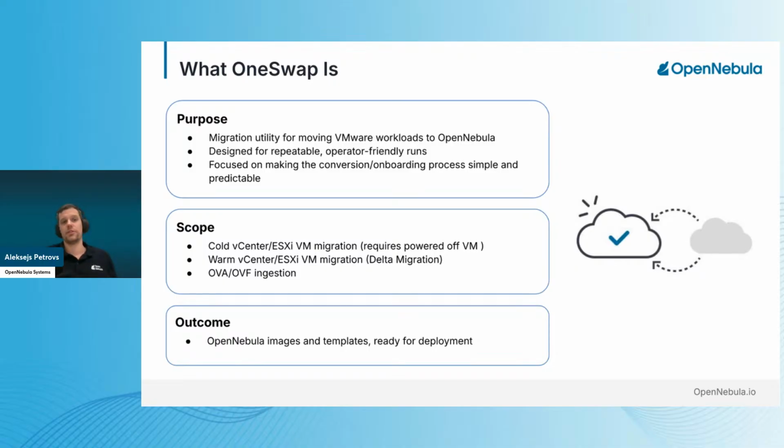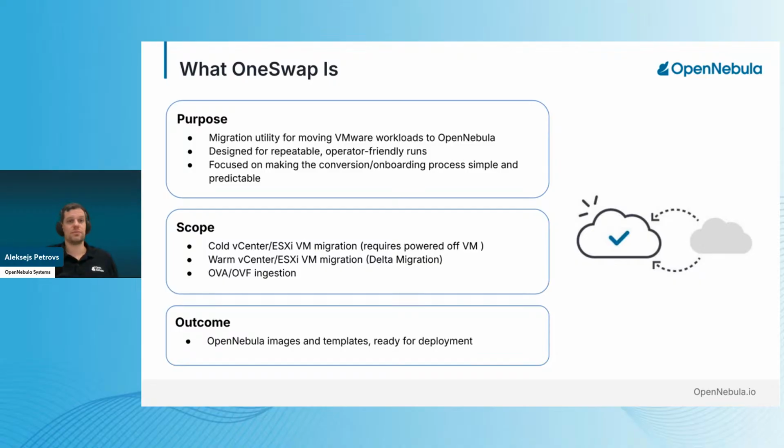Then the scope of the tool: we're not only covering migration from an actual VMware environment, but we're also looking at importing virtual machines that were exported from VMware beforehand.